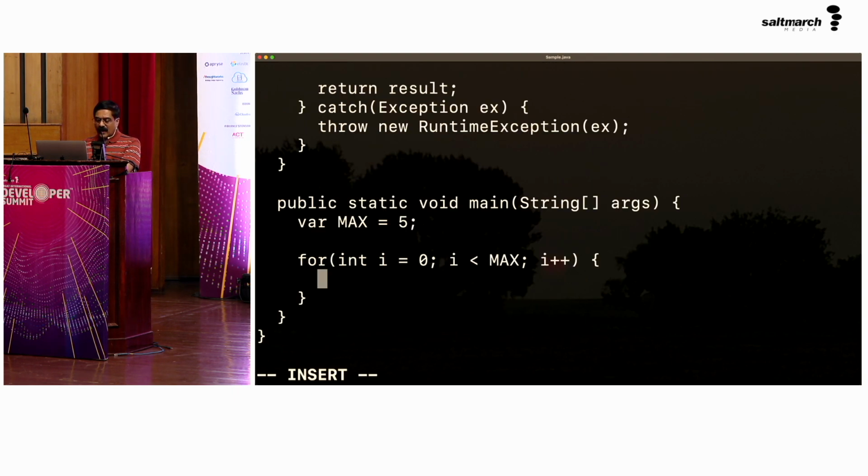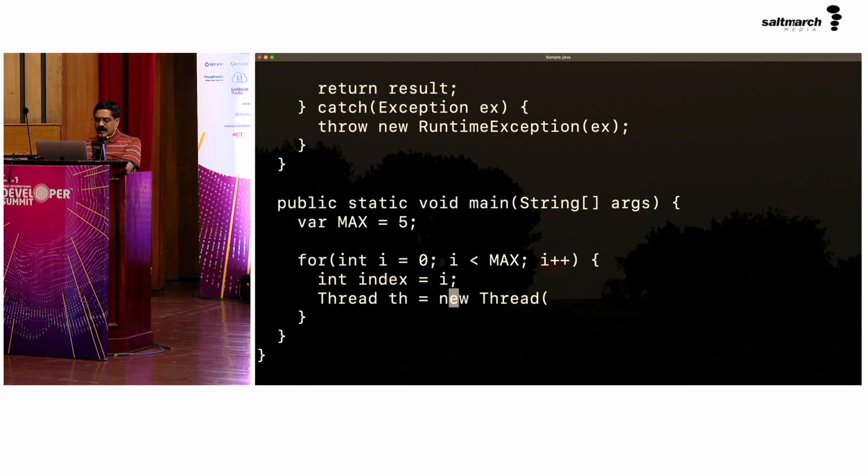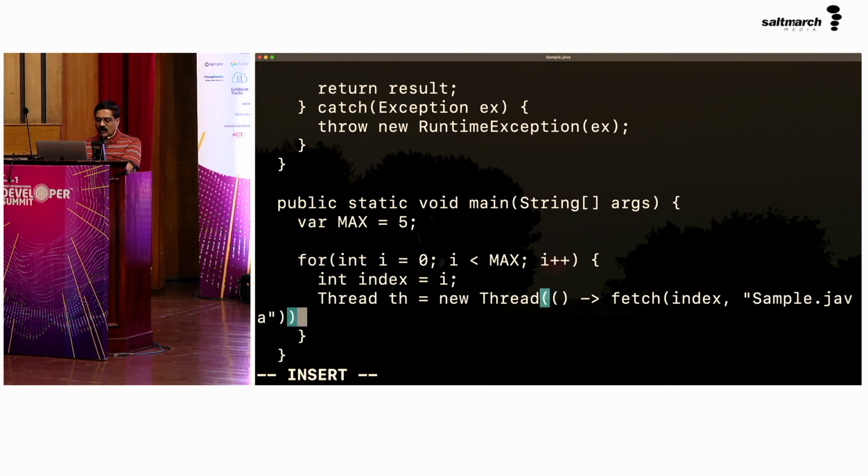So I'm going to say a thread is equal to new Thread, and in here int index equal to i, and this is going to be taking on the fetch, and I will send the index right there, comma, and Sample.java is the file I want to read.